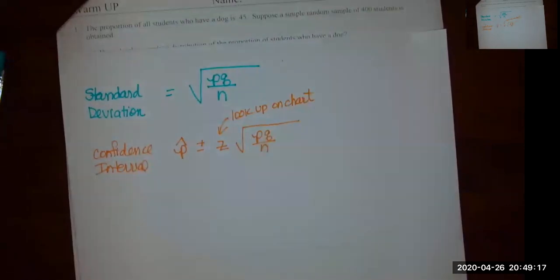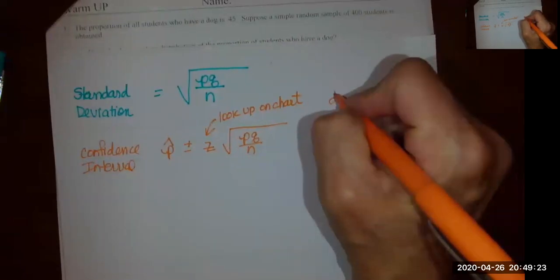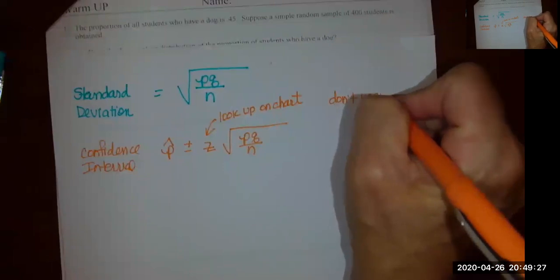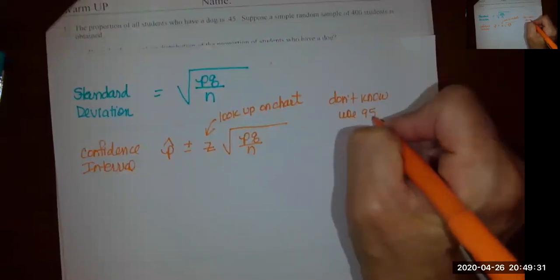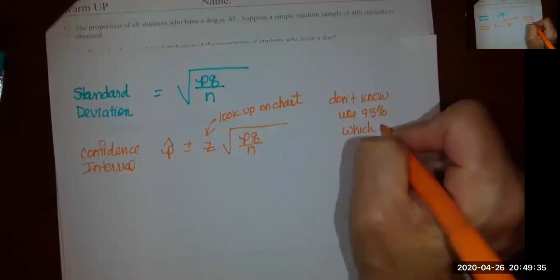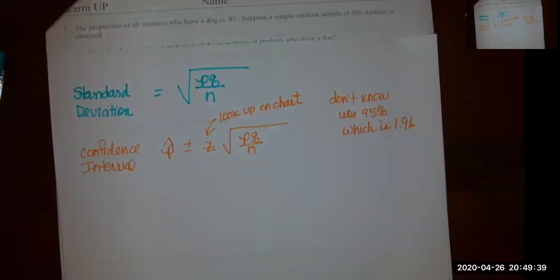You don't have to memorize those. If it's not specified which one to use, we use 95%, which is 1.96. That's kind of the standard, right?